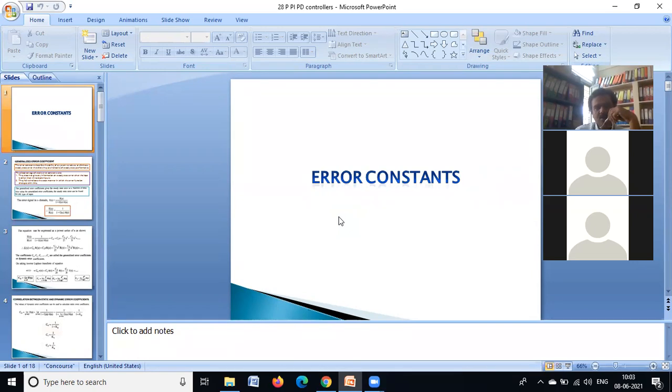They are called time domain specifications. Time domain specifications for a second order system we have seen, and for the time domain specifications, we have derived the equations for second order system when the input is unit step.